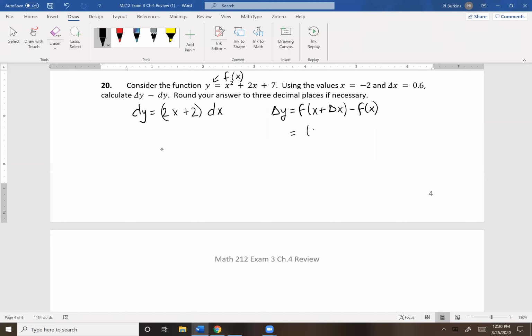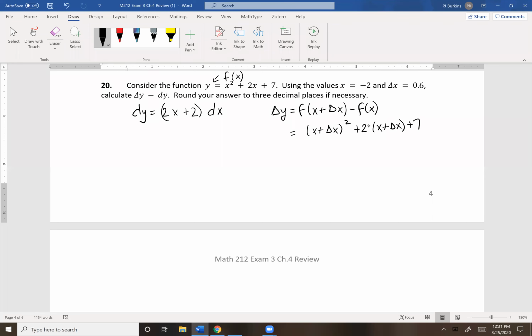So this is x plus delta x squared plus 2 times, all right, 2 times x plus delta x plus 7. So all I did was, if this is f of x, everywhere I see an x, I put a set of parentheses.